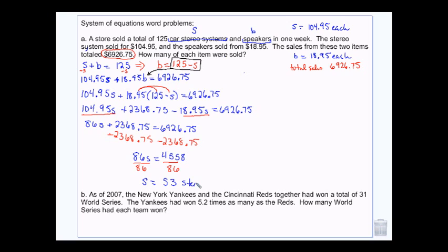So there were 53 stereos sold. And to find the speakers, I subtract that from 125. So 72 speakers.